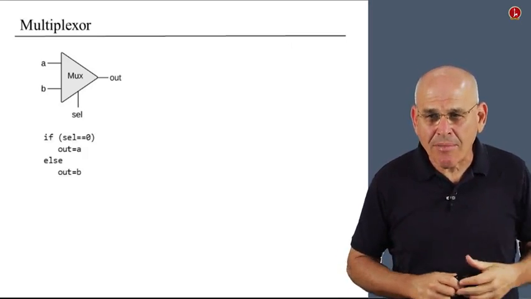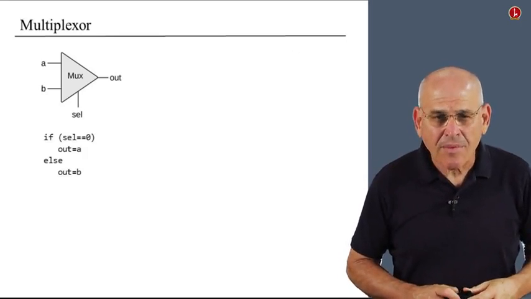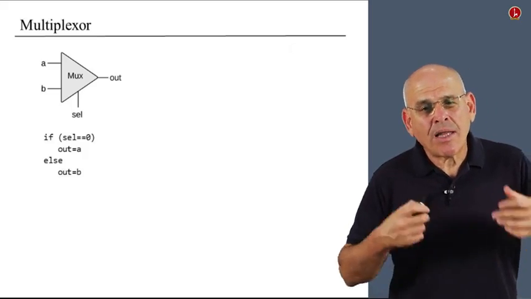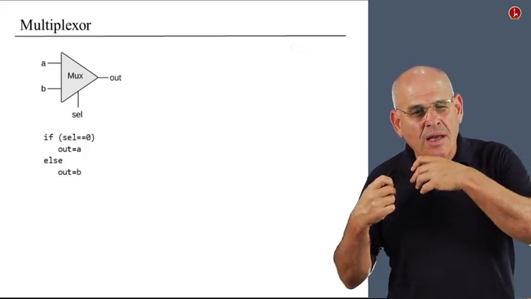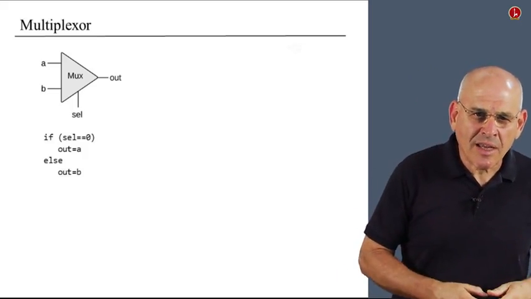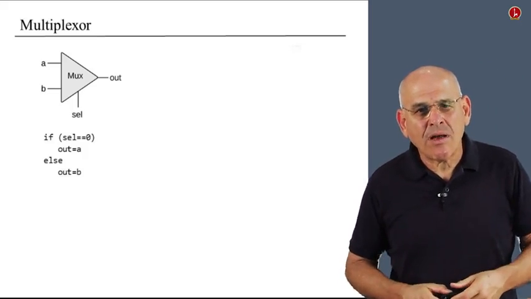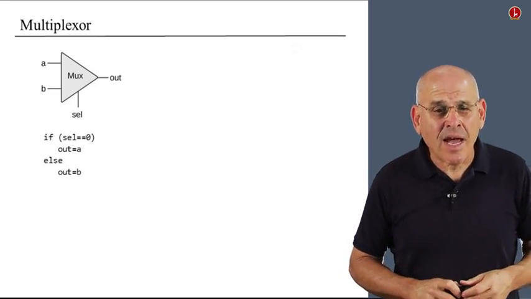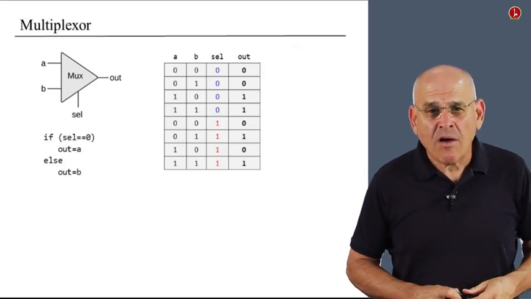So three inputs come in, A, B, and sel. What does the multiplexer do? Well, if sel equals 0, the multiplexer outputs A. If sel equals 1, the multiplexer outputs B. That's it. That's the desired behavior of a multiplexer.